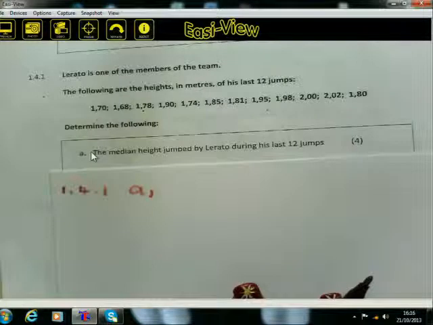Another word is from ascending to descending. So let's go back to your data and rearrange it.